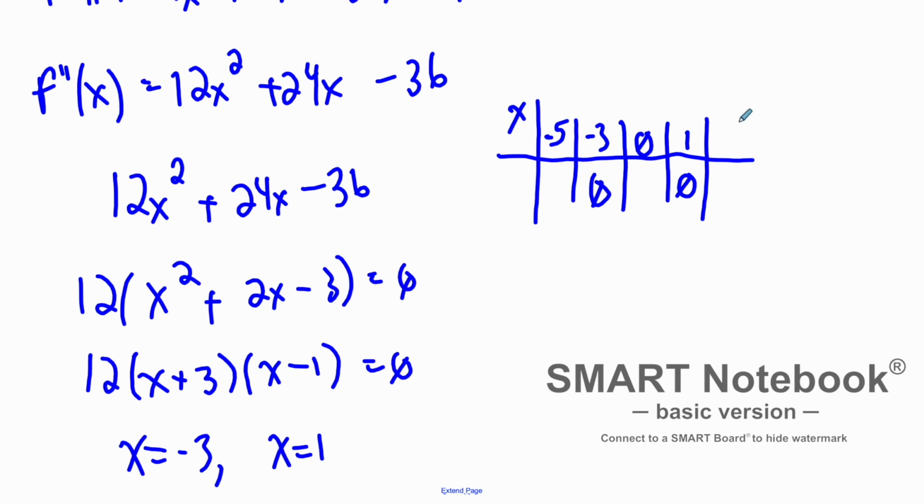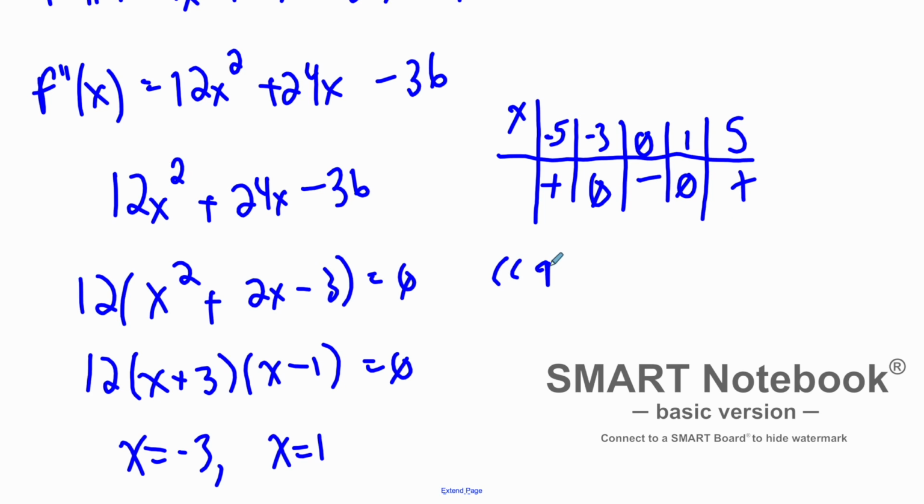And then a number bigger than 1, I'm just going to use 5. So back here, if I plug in negative 5, I have negative times negative is positive. And if I plug in 0, I get positive times negative, which is negative. And lastly, if I plug in 5, I get positive times positive, which is positive.